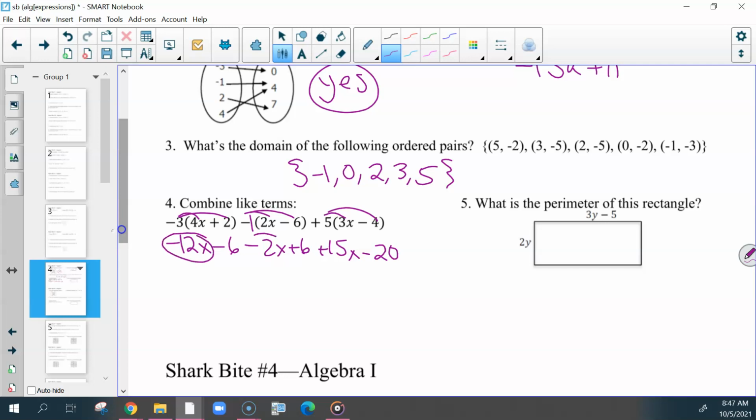So we have negative 12, negative 2, positive 15. Negative 12 minus 2 is negative 14. Negative 14 plus 15 is positive 1x. Negative 6 and positive 6 cancel each other out, become 0, so you're just left with negative 20. So x minus 20 was that final answer.